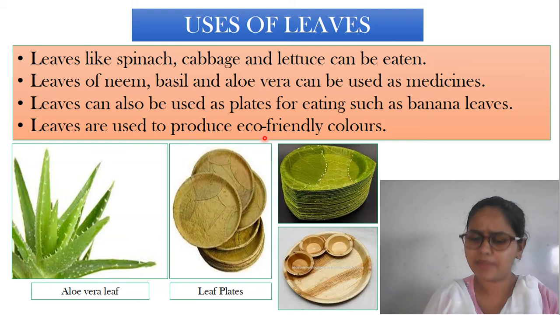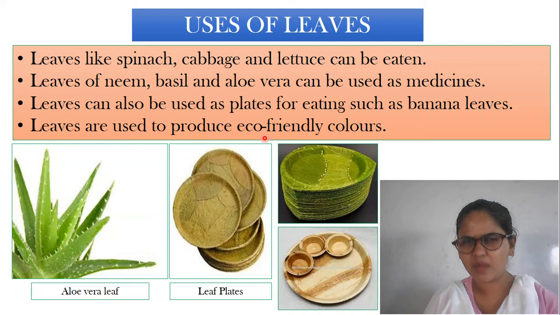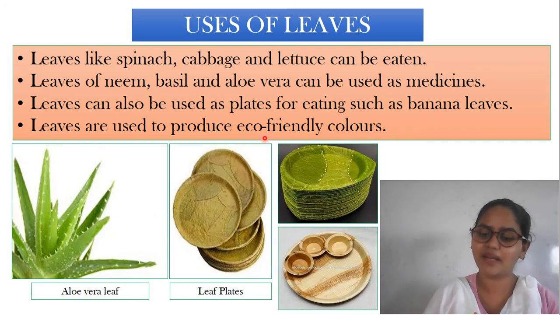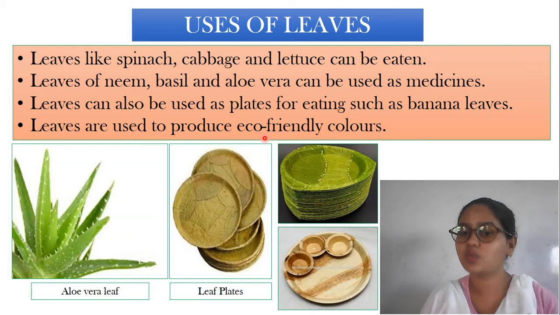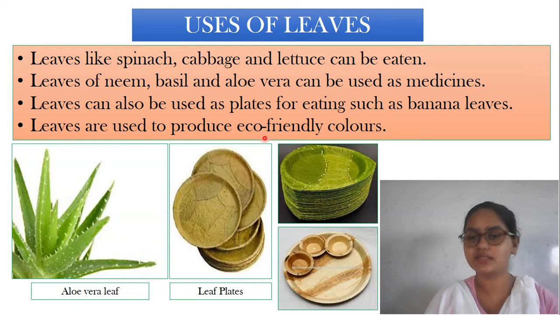And next, plants provide us wood, fiber and medicines. Is that what they provide us? They provide us fruits and vegetables. Only fruit and vegetable? No. They provide so many things, including medicines, wood and fiber. So this one is true. Always read the point, understand the point and give your answer very carefully.